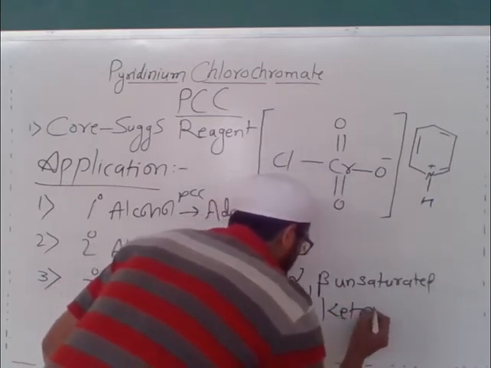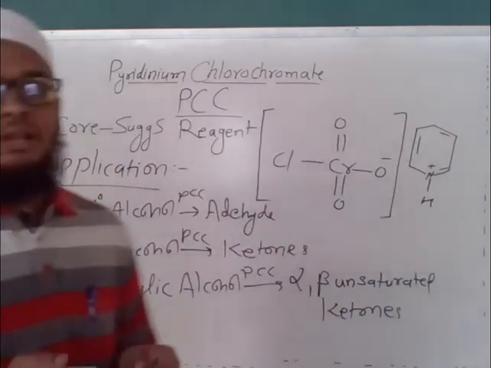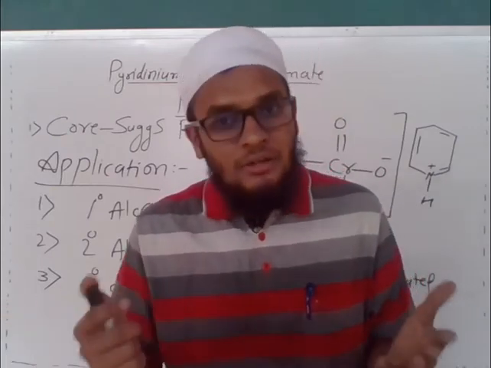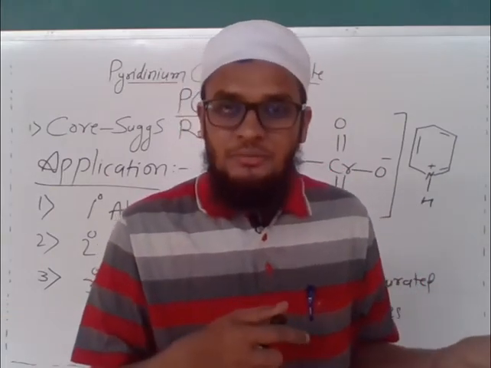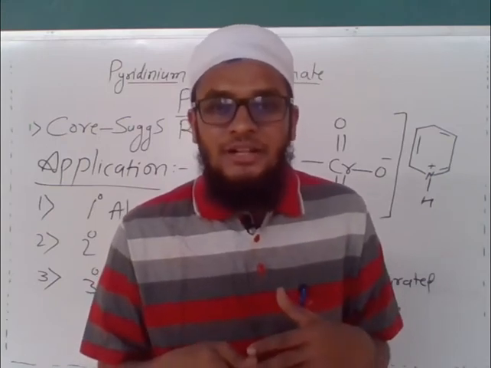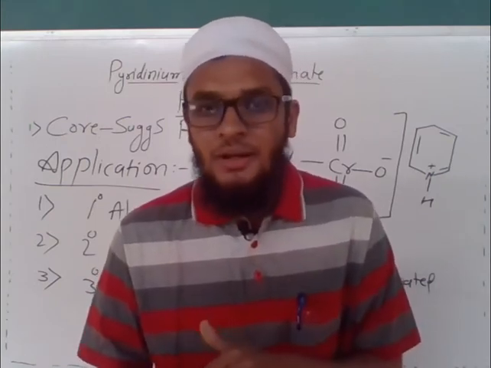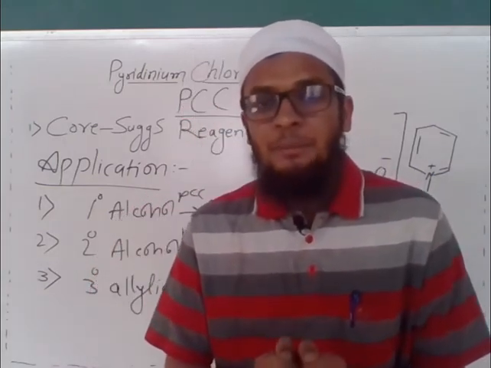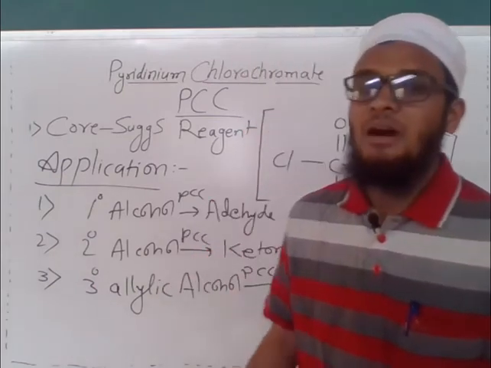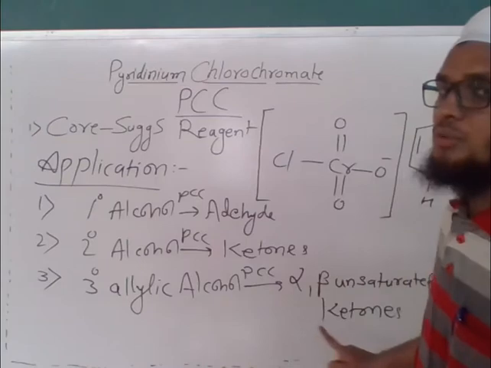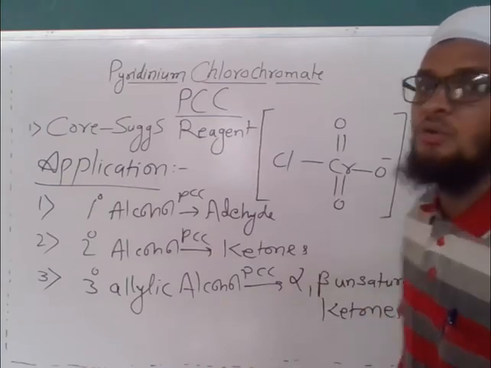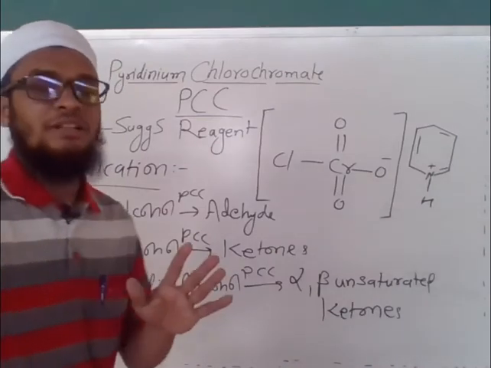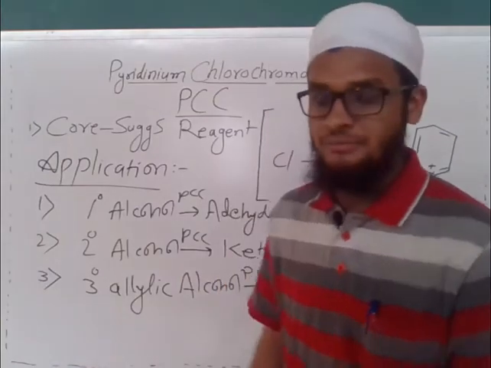Since the beginning, Jones reagent cannot convert tertiary alcohol into ketones. Then Collins reagent also cannot convert tertiary alcohol to ketones. But the most valuable application of PCC is that it can convert tertiary allylic alcohol to alpha beta unsaturated ketones. So this is the most important application of PCC, and one question in the NET exam has also been asked on this topic.